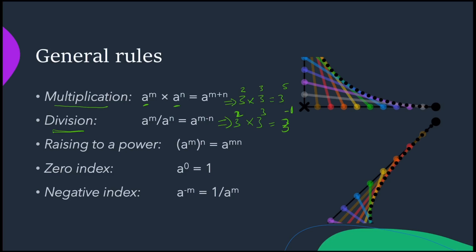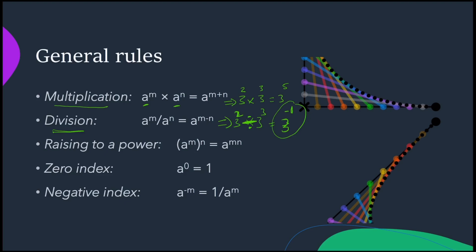We will learn what that means in the fifth rule. But for now, this is what you need to remember: when we divide two values in the form of exponentials, we need to subtract the indices.